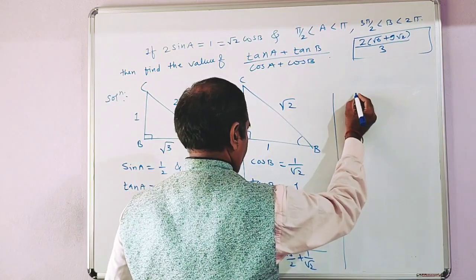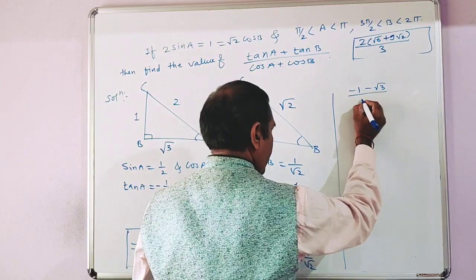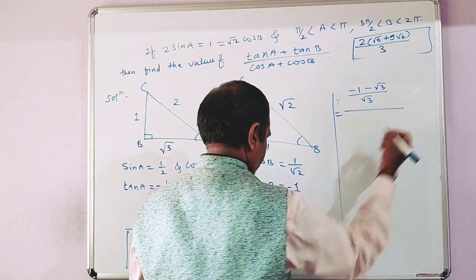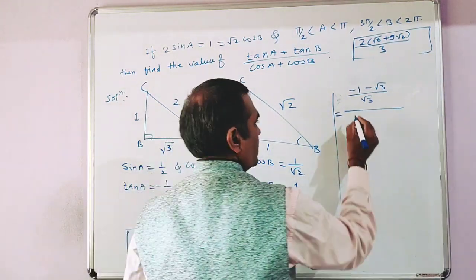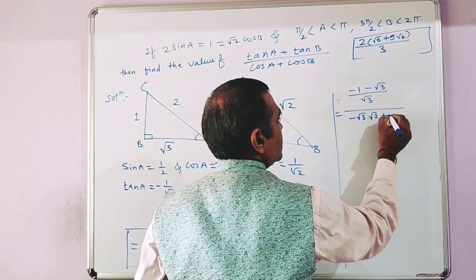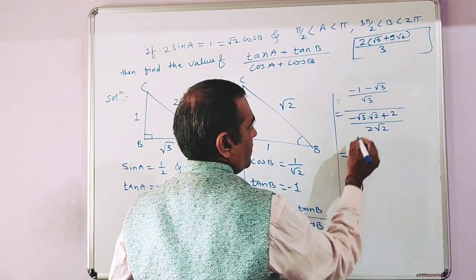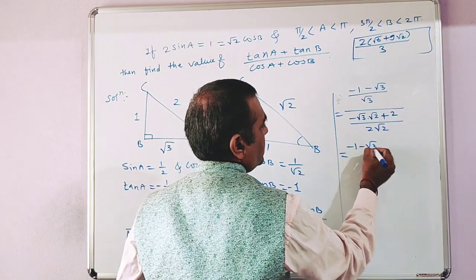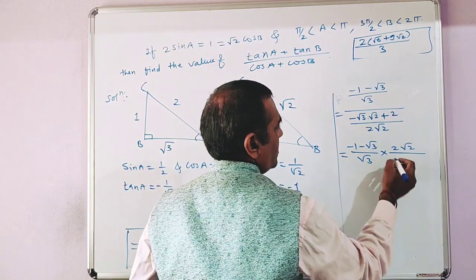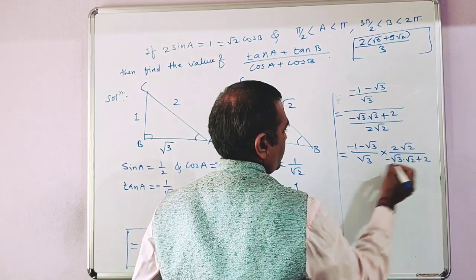See, minus 1 minus root 3 whole divided by root 3, upon minus root 3 into root 2 plus 2 whole divided by 2 root 2. That is, minus 1 minus root 3 upon root 3, into 2 root 2 upon root 3 into root 2 plus 2.